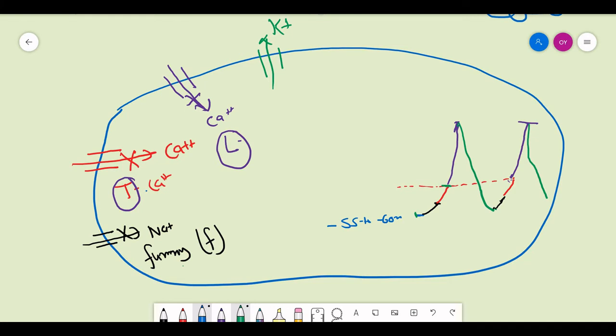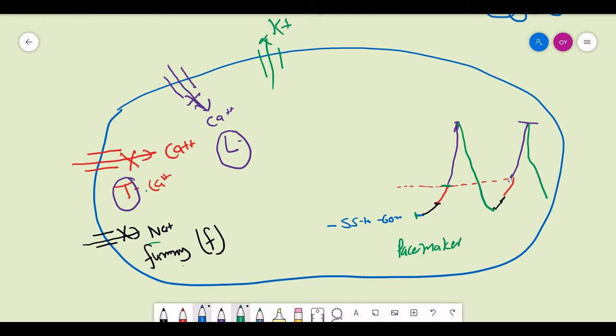It reaches the threshold without need of any external stimulus because of the opening of the funny sodium channels and T-type calcium channel. This potential from resting membrane potential to threshold is called the pacemaker potential or pre-potential.